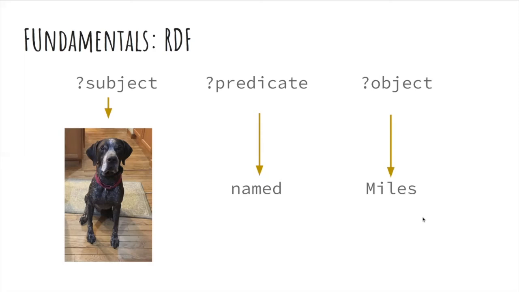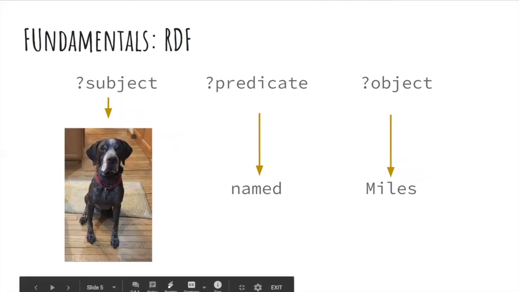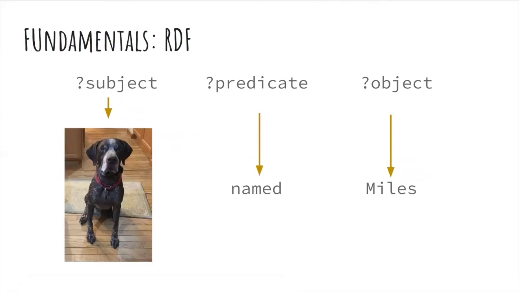And the object is the value of that attribute, or the thing being related. In practice, with the exception of blank nodes, and we'll get into that later on in the modules, subjects and predicates are both identified using URIs. The object can be a URI for another thing or a string value.